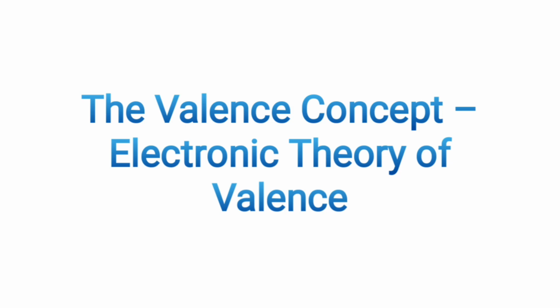So, ready, my dear student, because this topic is the foundation of understanding chemical bonding. If you master this, you will be able to predict how elements will react just like a pro chemist.